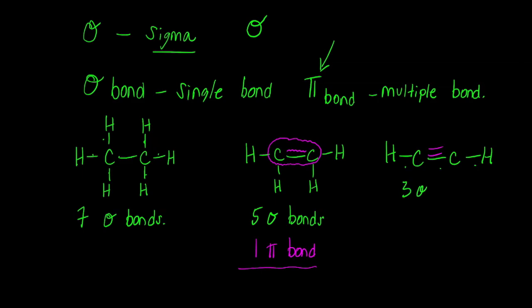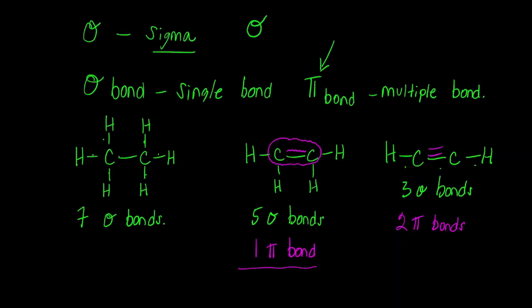There's 3 sigma bonds. And then in purple, we have 2 pi bonds. Okay? Yeah, pi bonds are very weird. They're formed with p orbitals, and sigma bonds are formed generally with hybridized orbitals. Okay, so that's how you count.